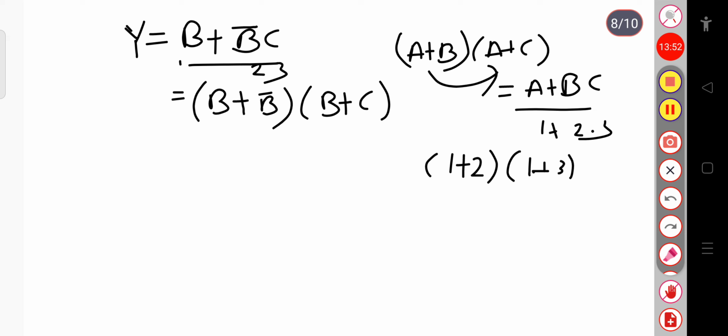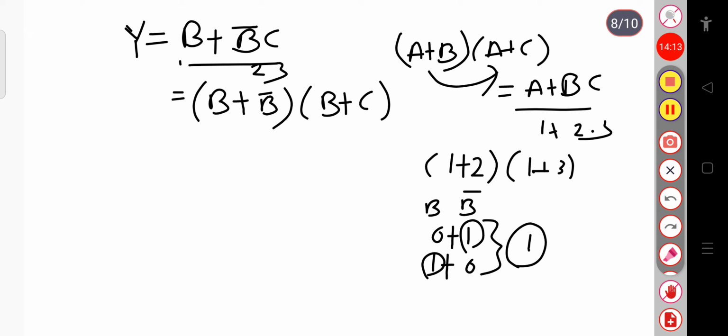Clear? So b plus b bar means if one is 0, the other is 1. I am writing this for b and b bar: if b is 1, b bar is 0. So in this case, if any of the inputs is high, we will always get 1. So b plus b bar will always be equal to 1.